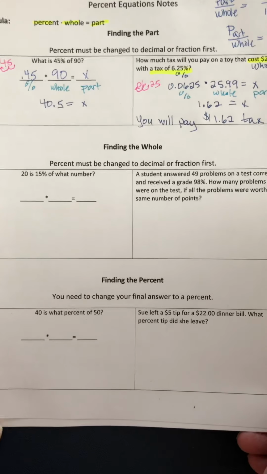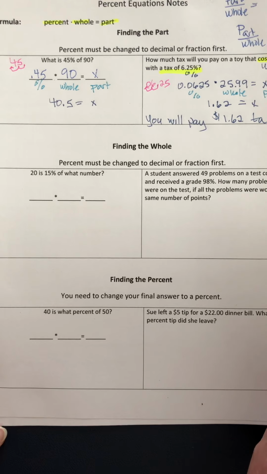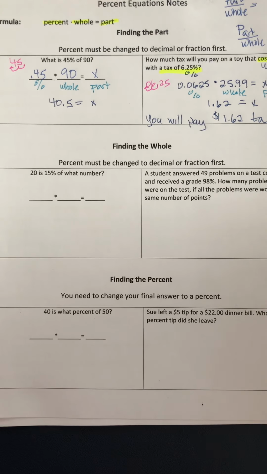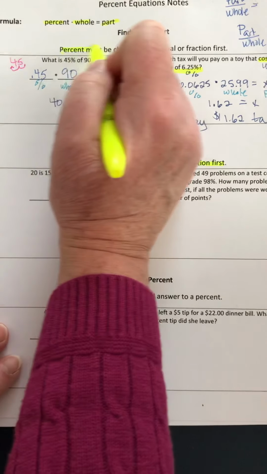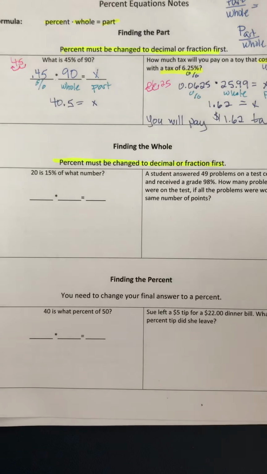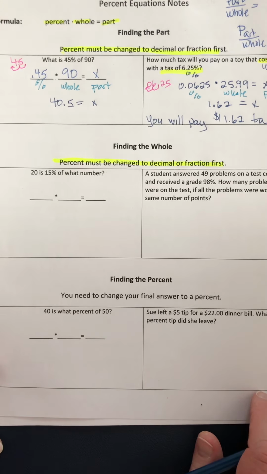Okay, next we need to find the whole. And again, any percents must be changed to a decimal or a fraction before you can do it. So don't forget about that. Okay? So 25 is 15% of what number? So remember, I was talking about the is and the of, and my is the same as my part, and my of is my whole.